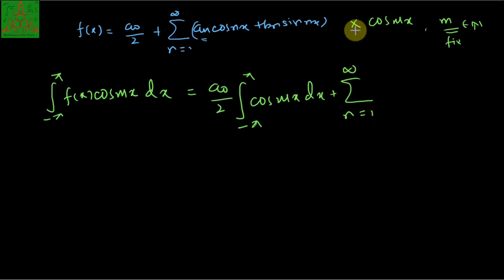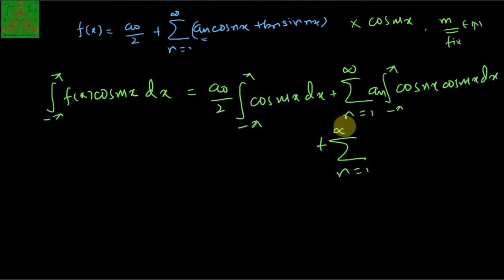Here also I am using the property of uniform convergence, that you can interchange the summation and the integration sign. So that's why it is minus pi to pi. an is a constant quantity, so it is cos nx cos mx dx, plus summation n running from 1 to infinity of bn, the integral from minus pi to pi of sin nx cos mx dx.